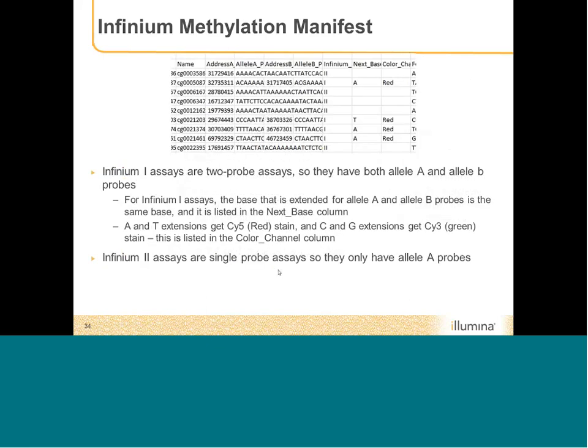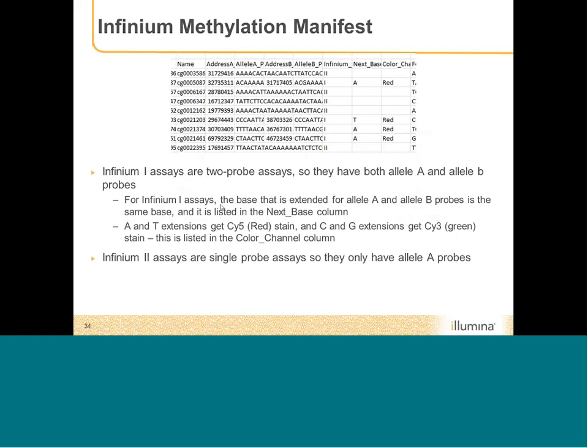Now, we're going to look at some of the columns that are in the methylation manifest. Here we have the identity of the CpGs in the name column. We have address A and allele A probes, address B and allele B probes. Infinium 1 assays are 2-probe assays, so they have both allele A and allele B probes.